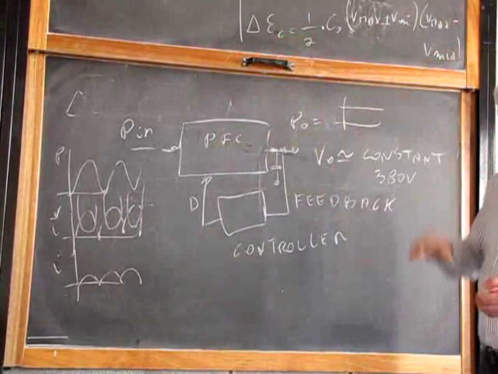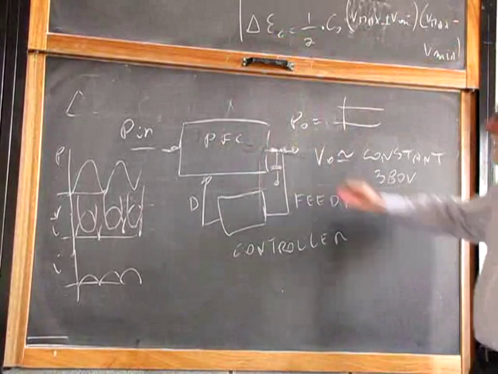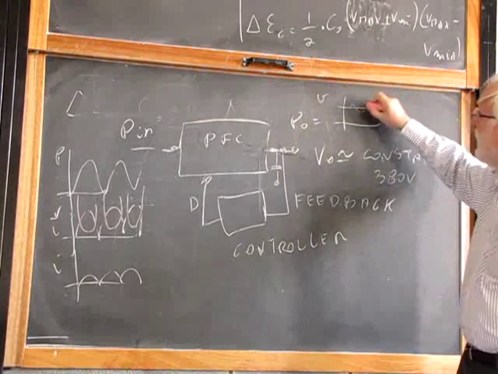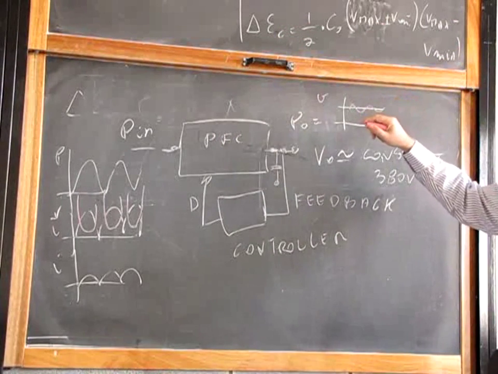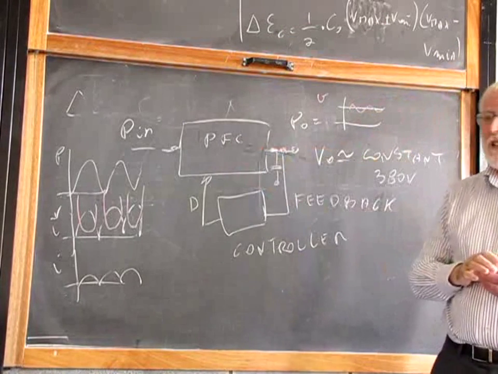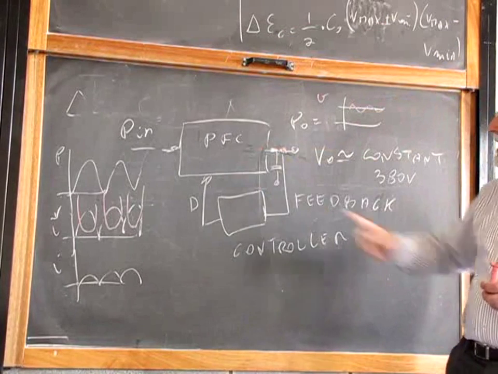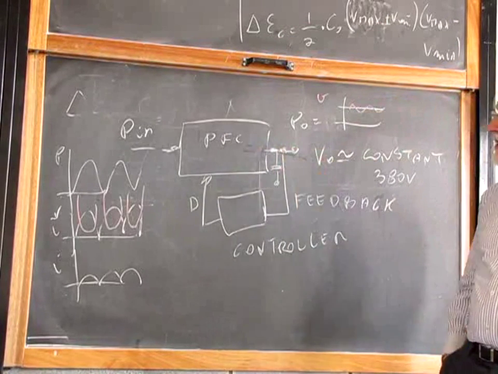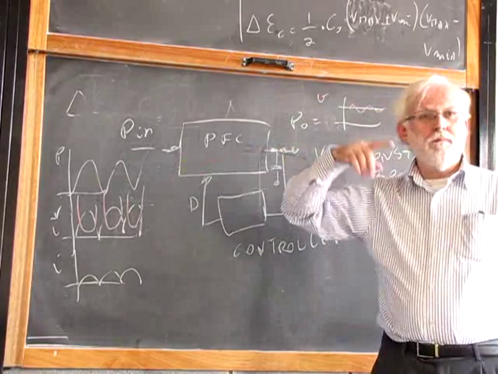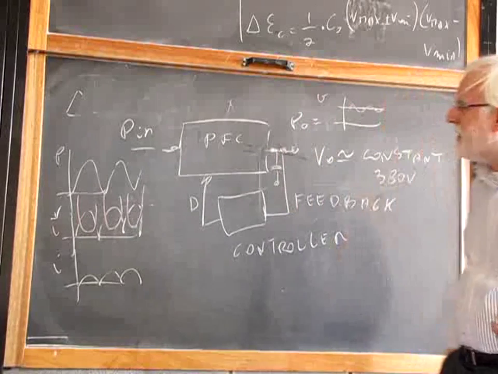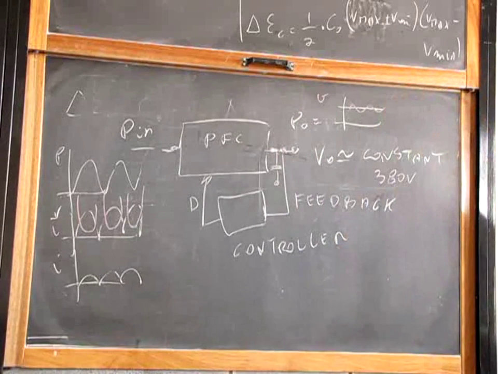But I want to have some ripple, because this ripple is what makes the difference between a PFC and a standard DC to DC converter. PFCs have this output ripple, no way to make any story different, because the input power is going up and down, the output power is constant, and I need a ripple, period. No way to do it a different way.